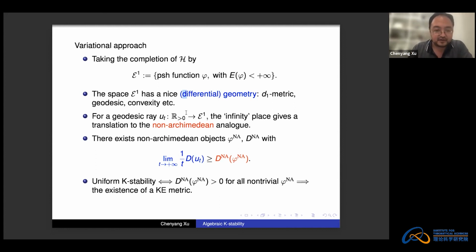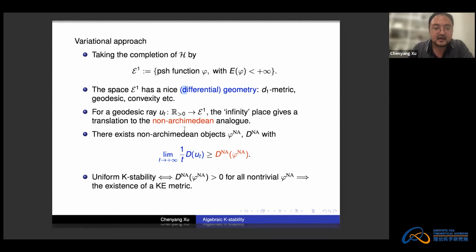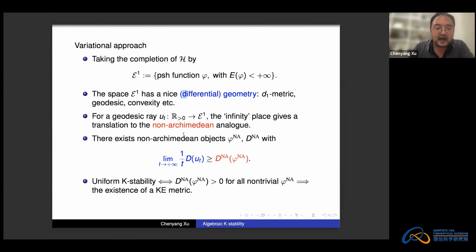What happens is that for this geodesic ray, you can attach a non-Archimedean version of the Ding functional, and also a non-Archimedean metric, whatever it is, just some object to say that this slope is bounded by the non-Archimedean Ding functional on this non-Archimedean metric.